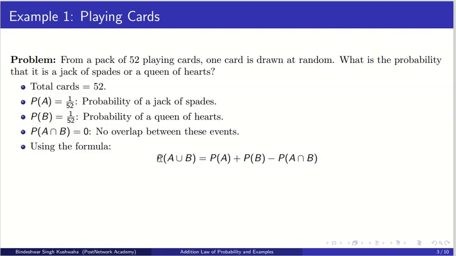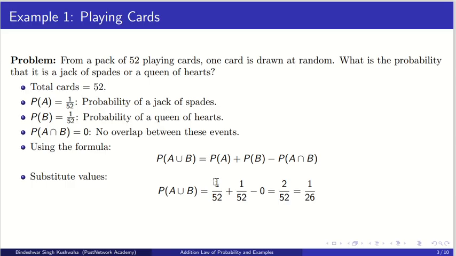Now let us use the formula P(A ∪ B) = P(A) + P(B) − P(A ∩ B). We plug in the values: P(A) is 1/52, P(B) is 1/52 and P(A ∩ B) is 0. So we get 1/26.